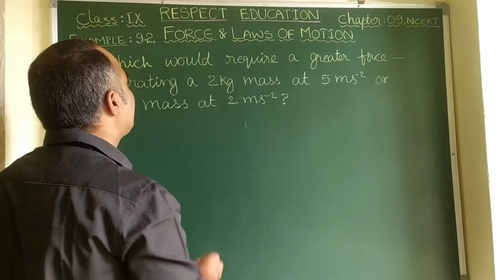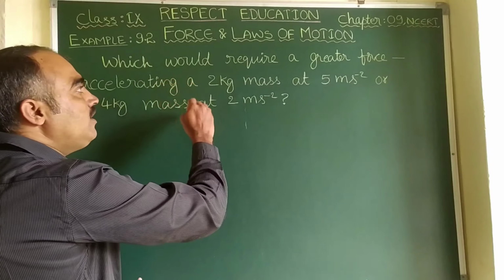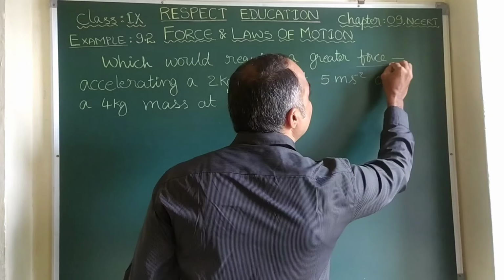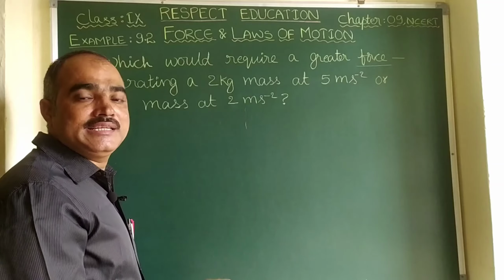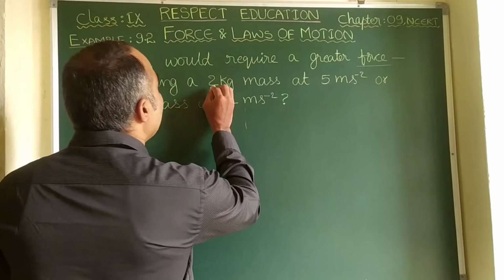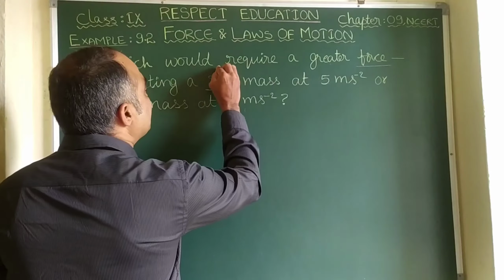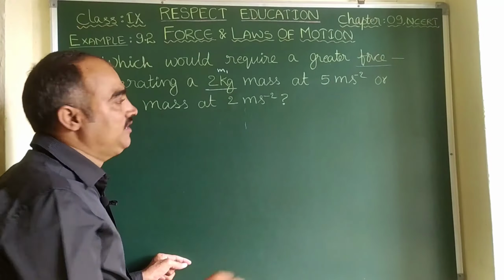Here let us understand the question. In both of these cases, which one would require a greater force? That means we are asked to find the force, for which mass and acceleration both are required. Here mass of the first object is 2 kg. Let us consider it as m1.